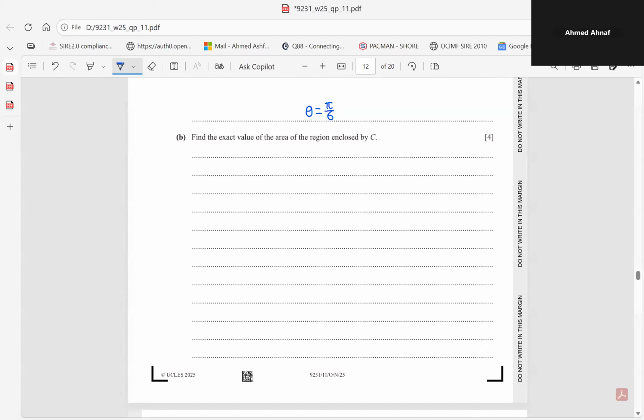Okay, so for the second part, we need to find the exact value of the area of the region enclosed by C. To find the area enclosed by any polar curve, we're going to use this formula: half integral of r squared d theta. The limits are going to be the limits of theta, the angle.